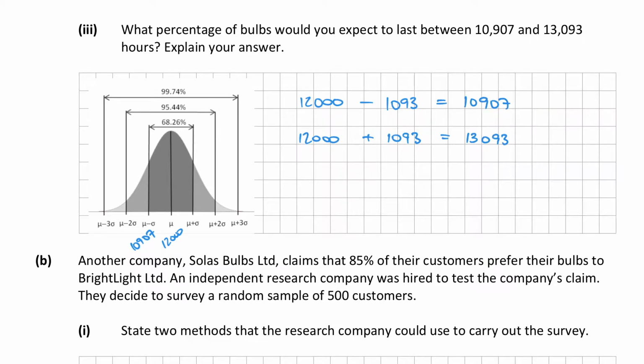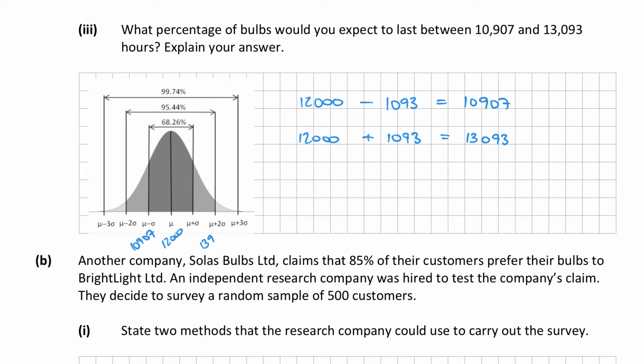13,093. We can see there in the question that they're asking us how much of the results we expect to last between 10,907 and 13,093. And we can see that that's just within one standard deviation of the mean. So this here is 13,093.